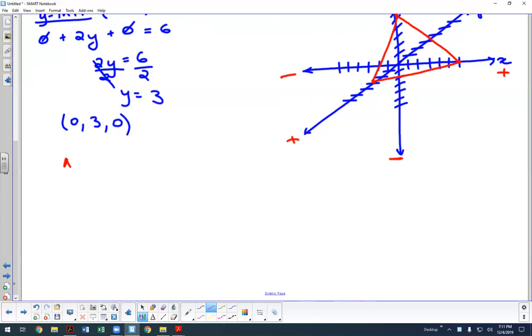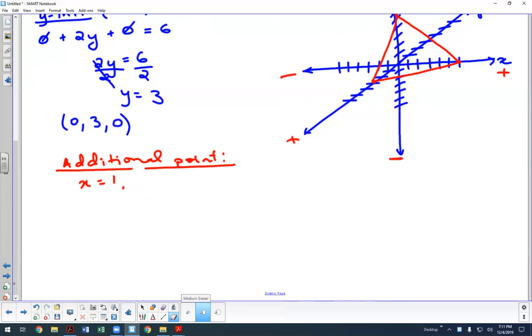So let's say we wanted to find an additional point, and again, just to keep it straightforward, let's just pick some easy numbers. You can actually pick one for Y also, and it should give you a point.